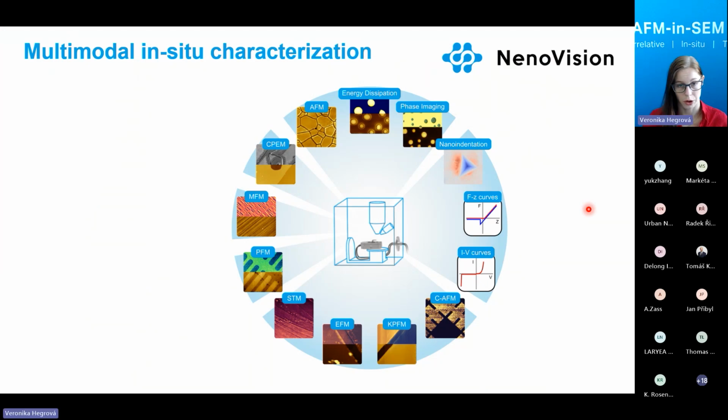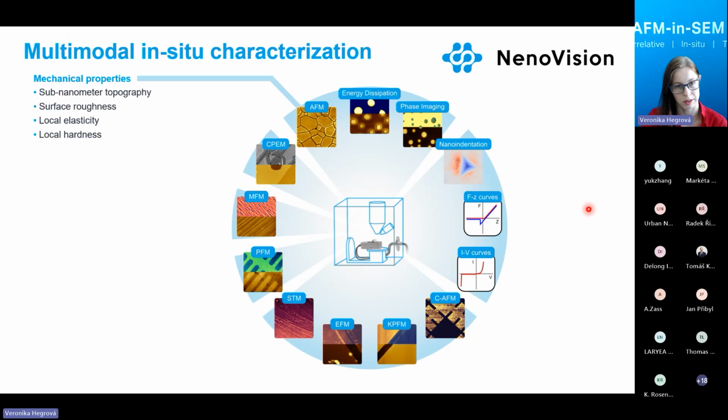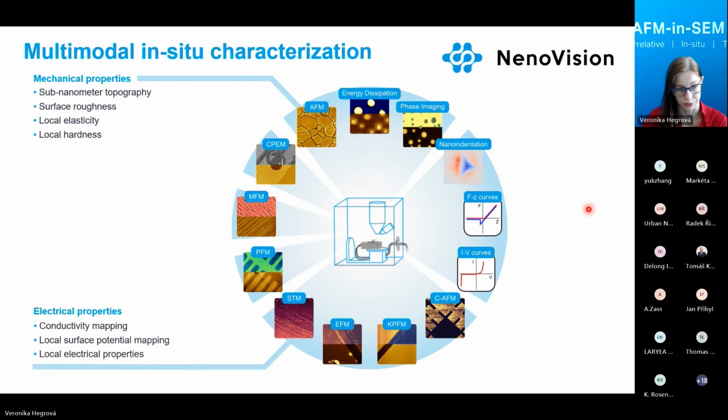Regarding the techniques which we offer, we have 16 different modes for mechanical properties, for measurement of topography, surface roughness, local elasticity or hardness, using different probes.